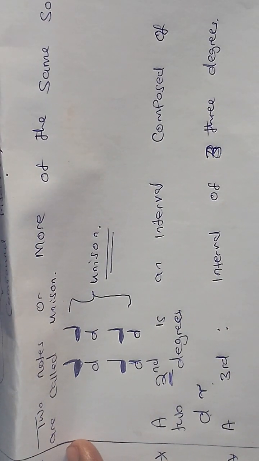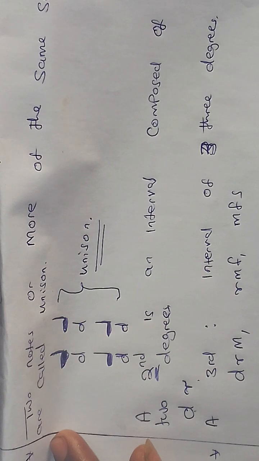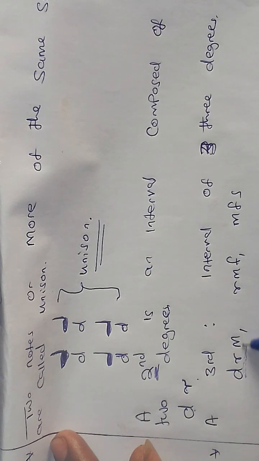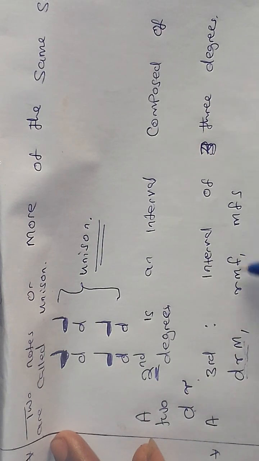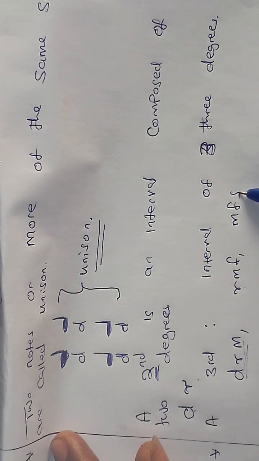Say, for example, we have the solfege do, re, mi. This is an interval of a third, we have 3 degrees, that is do, re, and mi. Say we have re, mi, fa, still this one is an interval of a third. Even mi, fa, sol, the degrees are 3, and this forms an interval of a third.